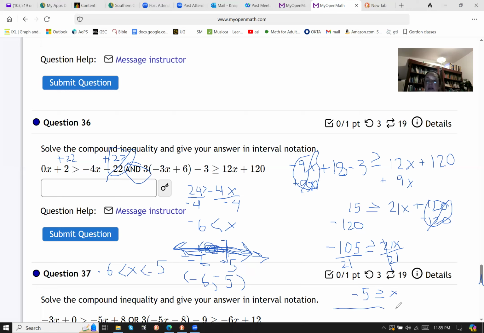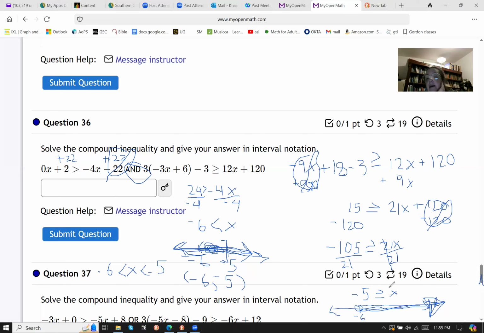So if we look at that number line here, x is greater than -6. So we'll put on our -6 with a hole in it to show that it does not include -6. So all the numbers bigger than -6 out to positive infinity.